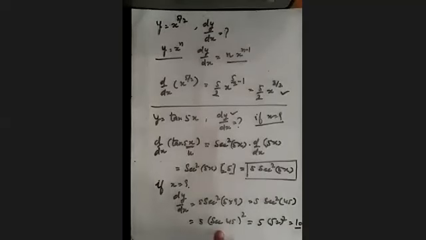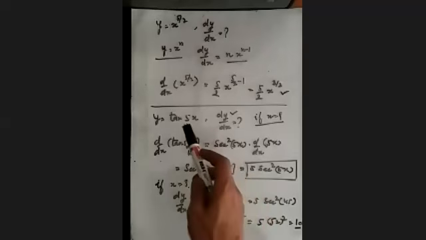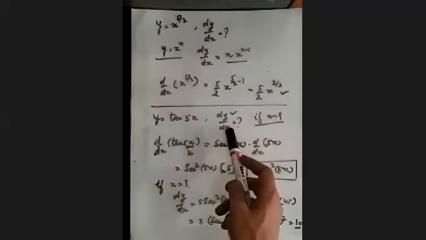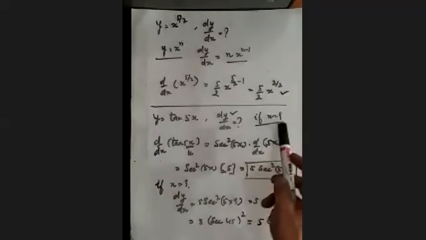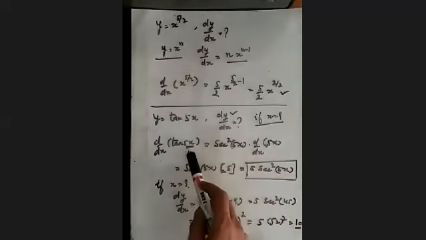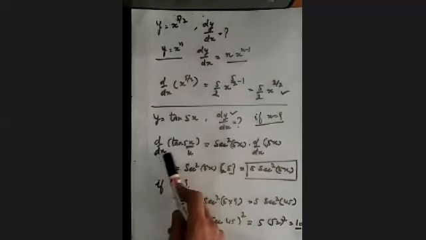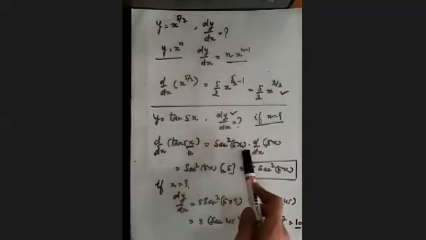Okay, because cos 45 is 1 by under root 2. So secant 45 is under root 2 and square of that, and the final result will be 10. So if the question is asked, y is equal to tan 5x, find dy by dx if x is equal to 9 or when x equal to 9, first you differentiate tan 5x with respect to x, which is secant square 5x, d/dx of 5x.